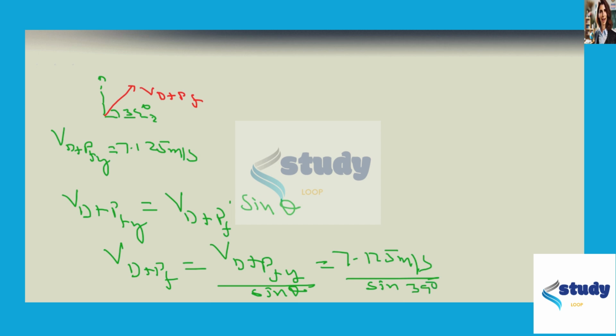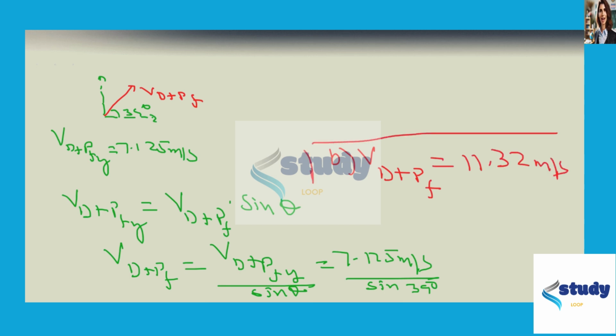And that gives us 11.322. So that's the answer for part B. The final velocity of the Durango and the Prius together is 11.32 meters per second.